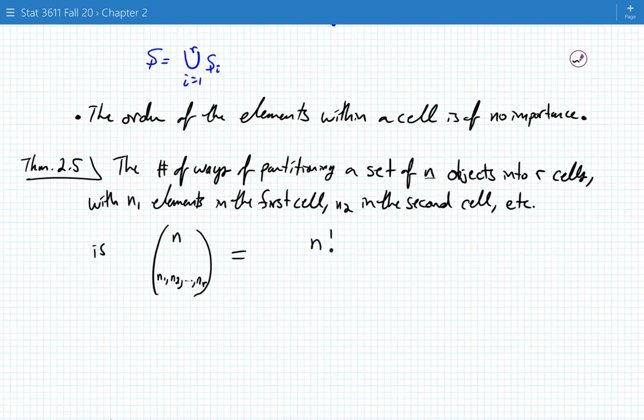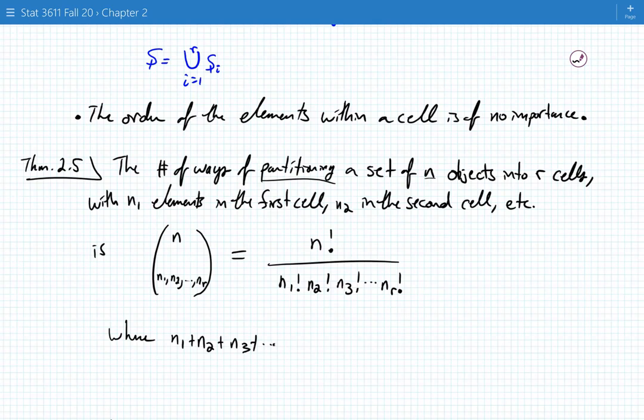This is that very similar looking factorial fraction: n factorial over n1 factorial times n2 factorial times n3 factorial, and so on, times n sub r factorial. Now, what we have here is the sum of the actual numbers that you're putting in the cells. If it's a partition, you have to get the original set. So n1 plus n2 plus n3 up to nr has to add up to n.